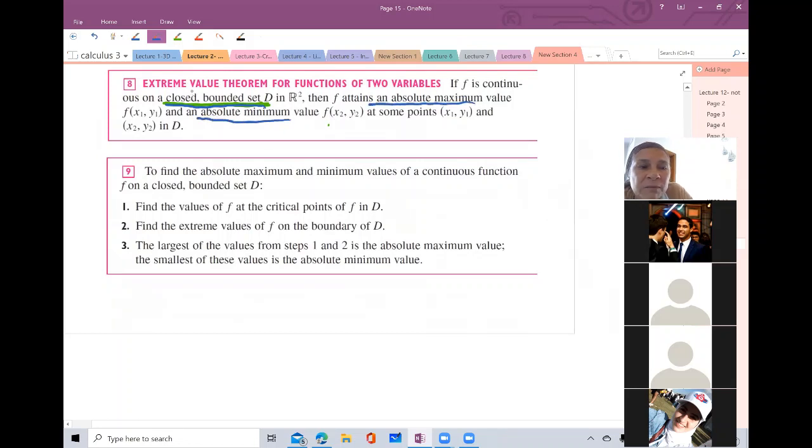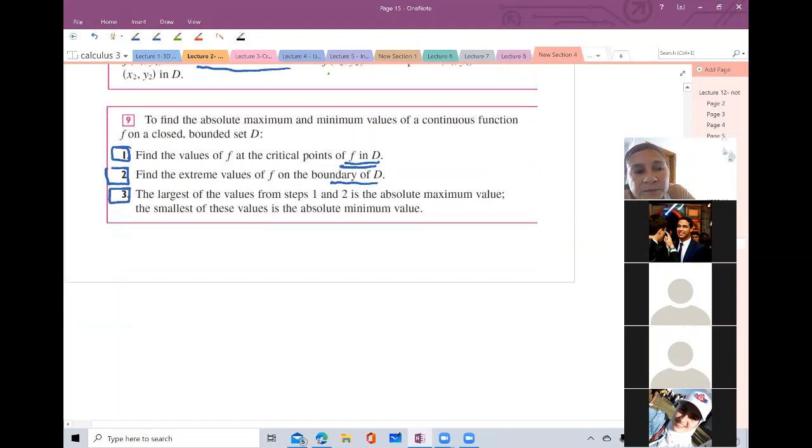You can't get an absolute problem where the answer says there is no maximum and no minimum on a closed bounded set. There must be at least one absolute maximum and one absolute minimum. So what are the steps? The same steps as in one variable. Find your critical points in the domain. Find the extreme values of f on the boundary, and then compare the values. Got the idea?